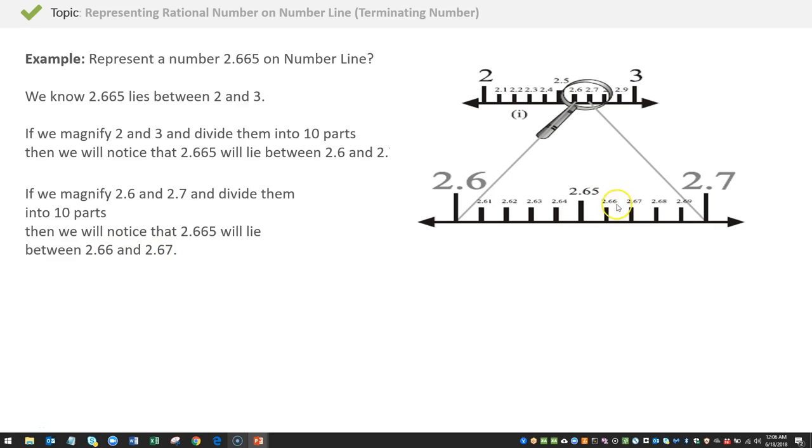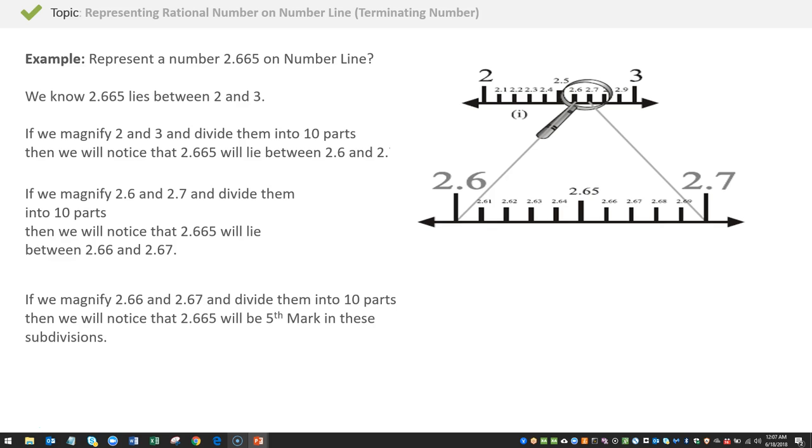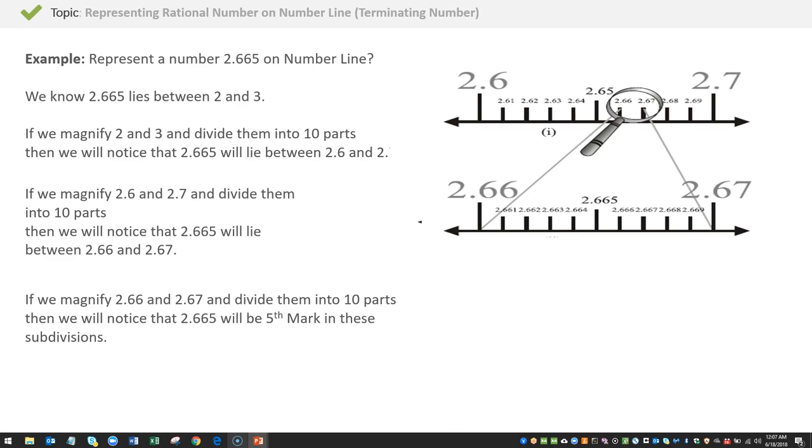Here I have 2.66 and here I have 2.67. If we further divide that into 10 parts, the fifth mark between 2.66 and 2.67 is what gives you 2.665.